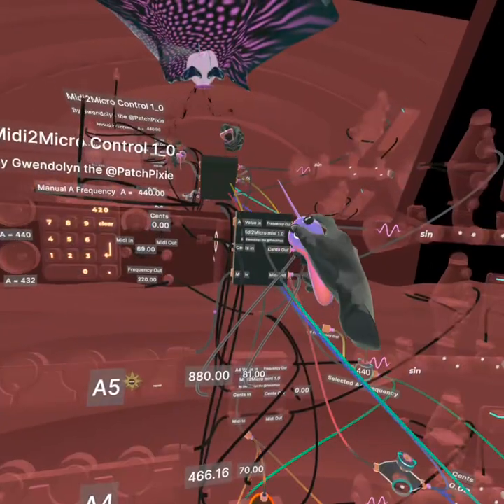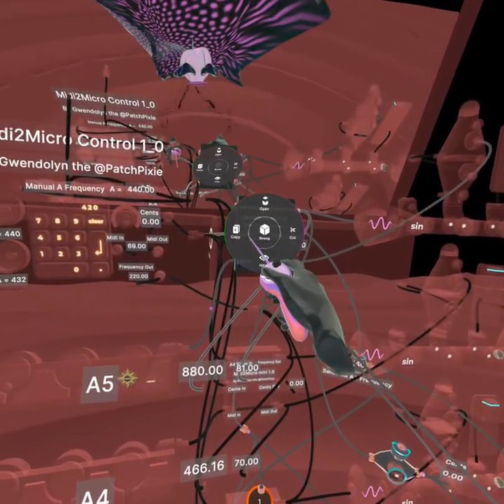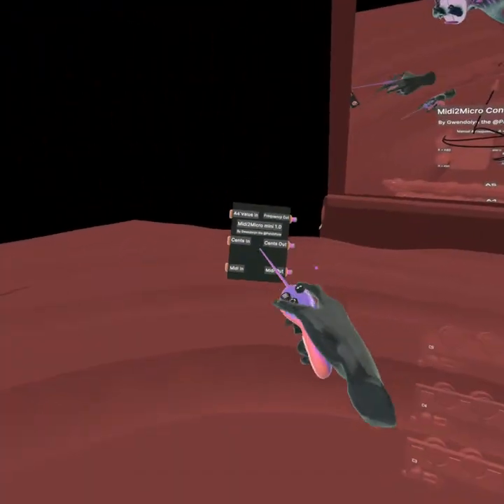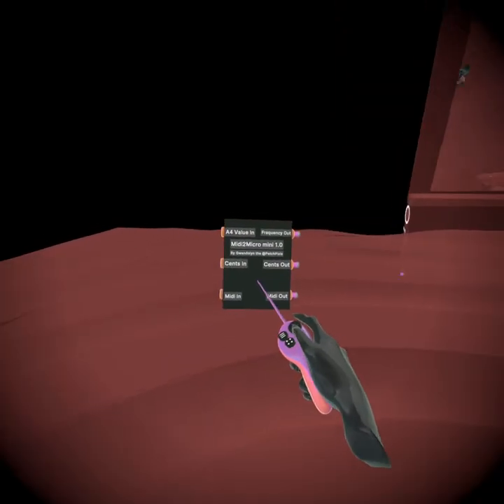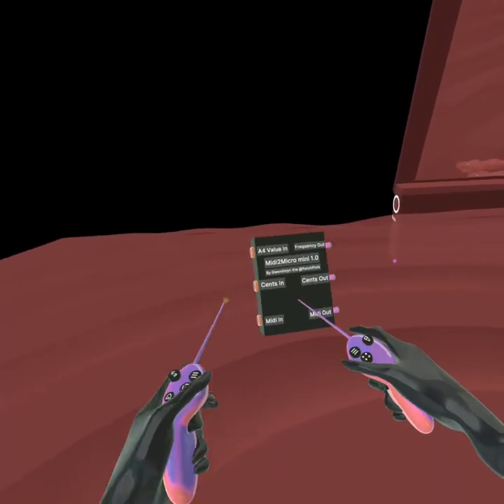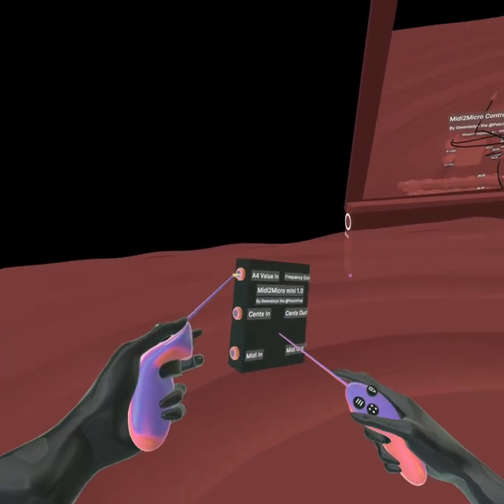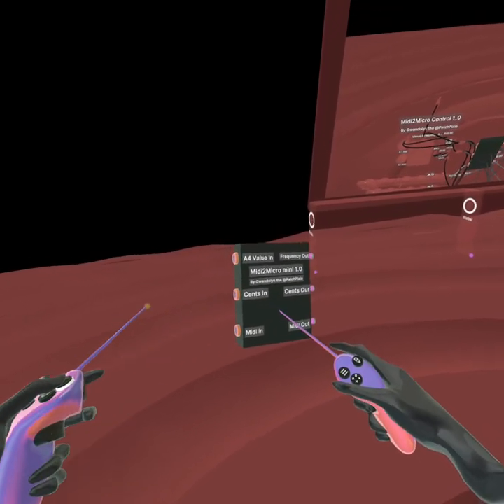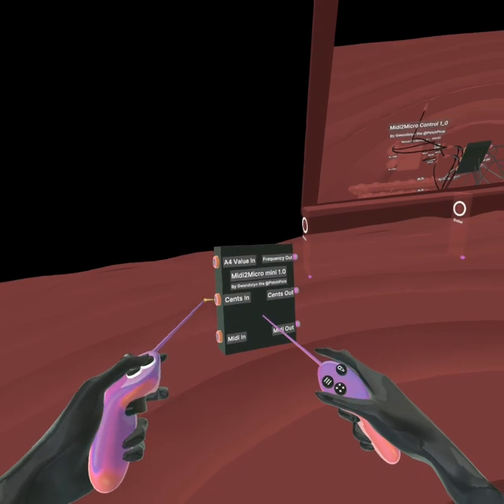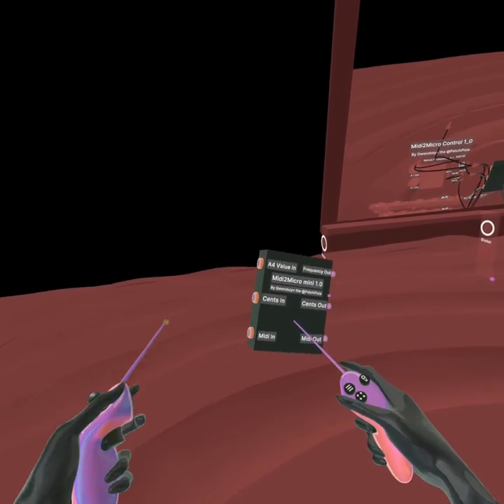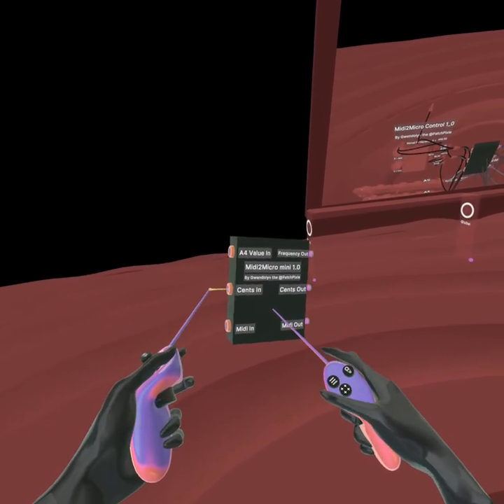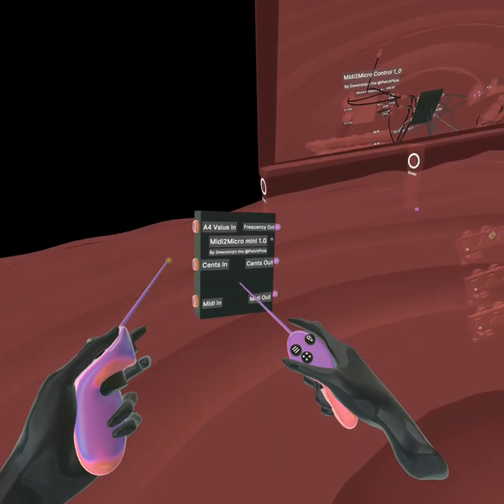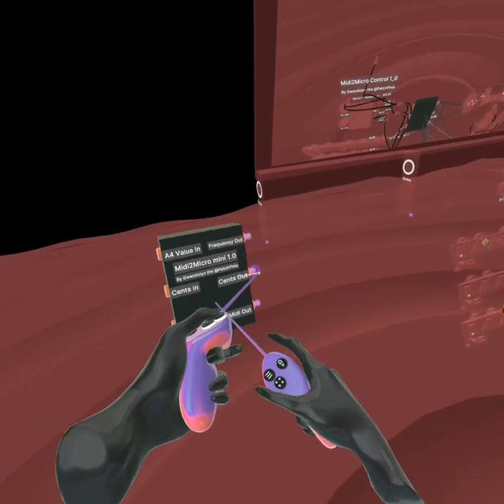If we open copy, it just comes like this right here. And you put your A value in here, however you want to control that. However you want to control your cents in. You put in a number and it divides it into 100. So you insert integers and it fractions it out to cents of 100.